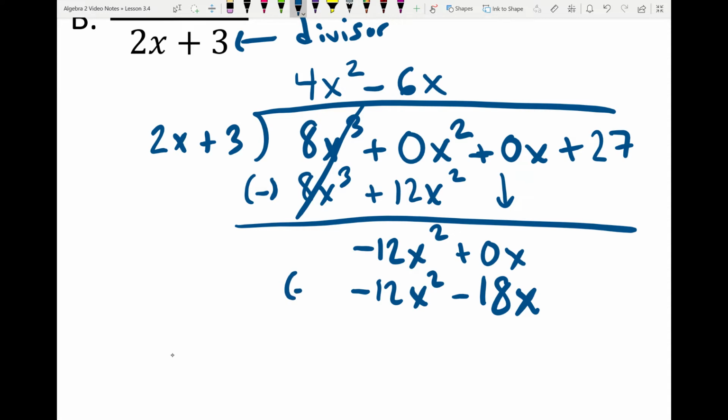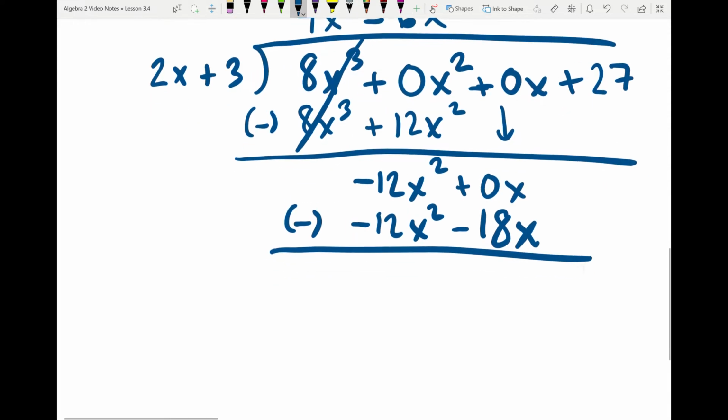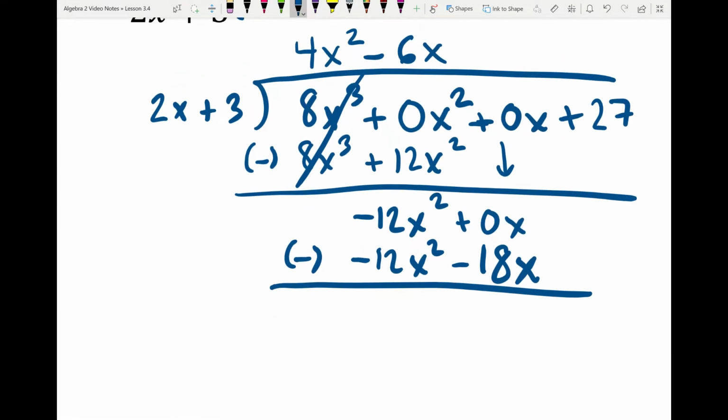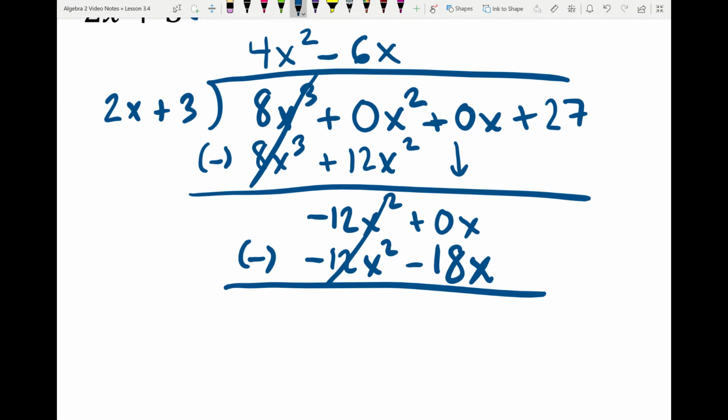Now we're going to subtract. Negative 12x squared minus negative 12x squared cancels and is 0. Be careful with this part. 0 minus negative 18 is the same thing as positive 18.